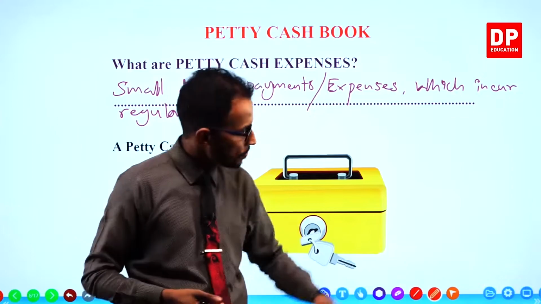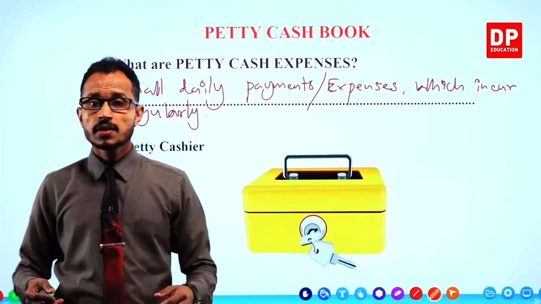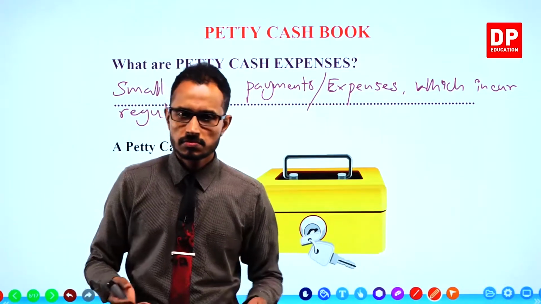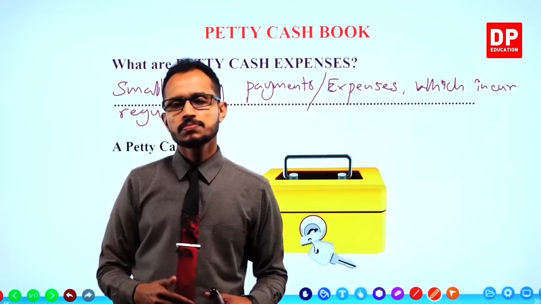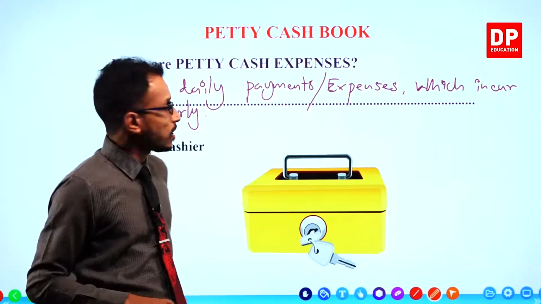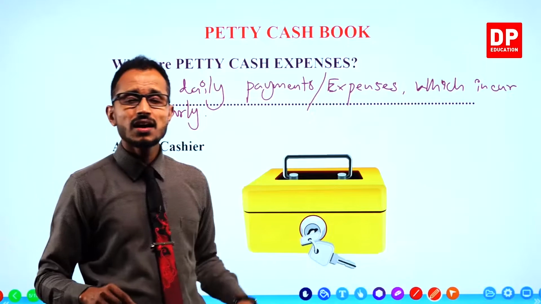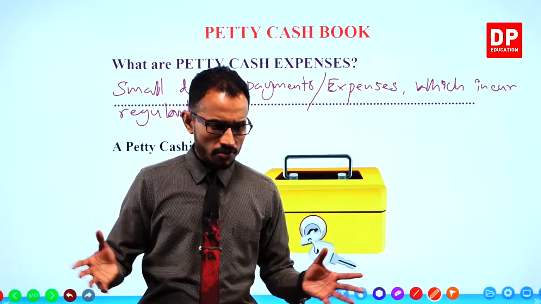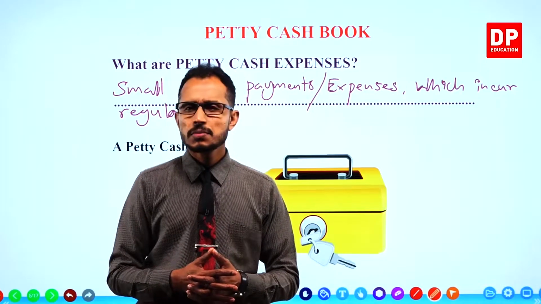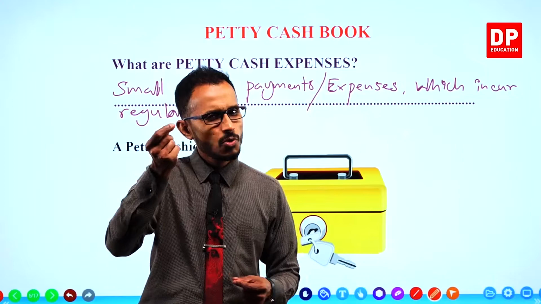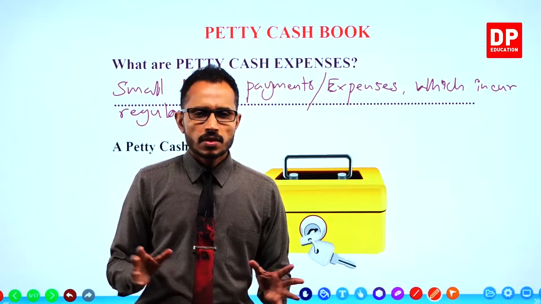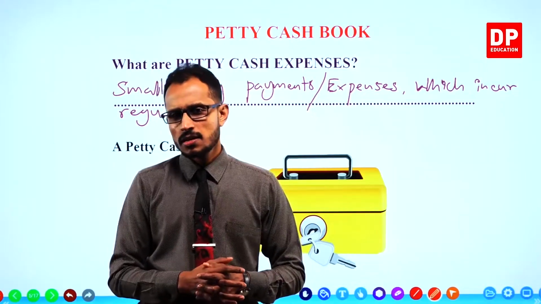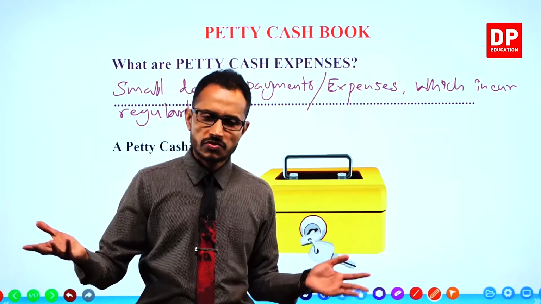Something that comes up regularly, often. These expenses happen very often, and these payments are done regularly. But they are very small amounts, like 20, 30 rupees, 50, 100 rupees, maybe 150, 200, 250.